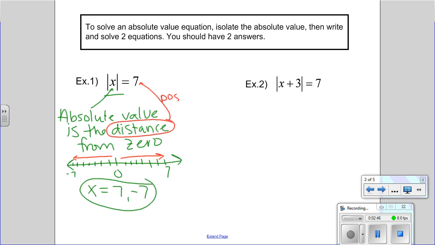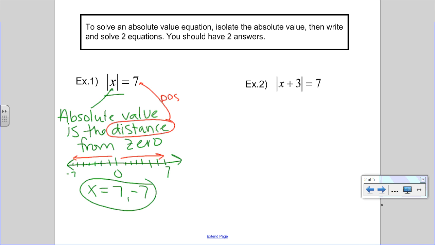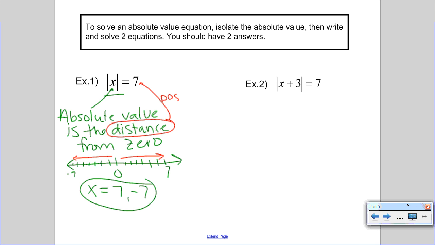But when we take a look at example 2, we've got a little bit more going on, because we're not just looking at x being equal to 7. We want x plus 3 equal to 7. We want this value still to be 7 spaces from 0. So no matter what's inside of here, I want it to be equal to 7.